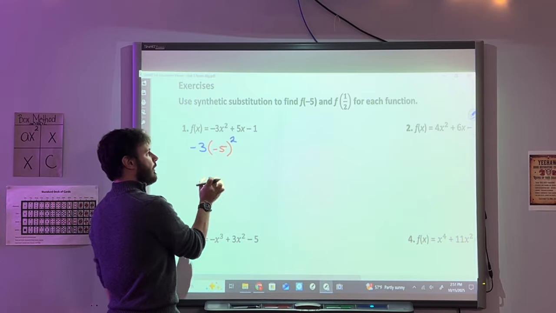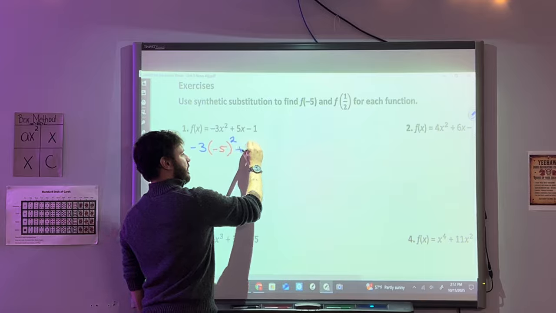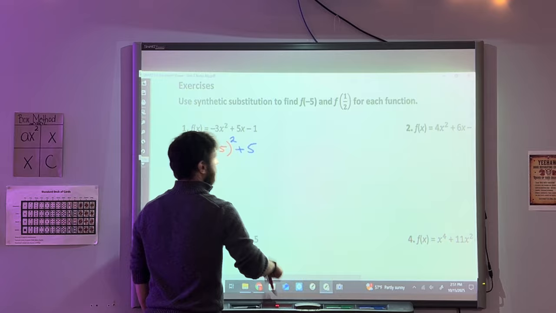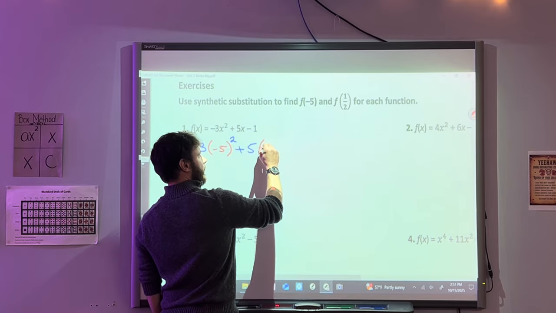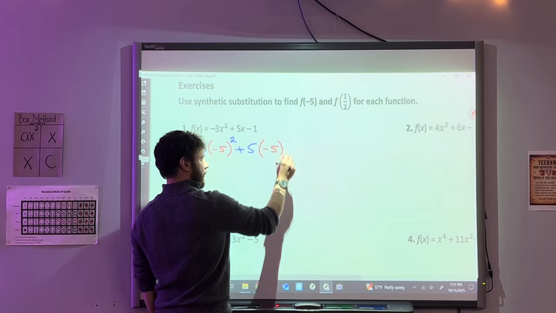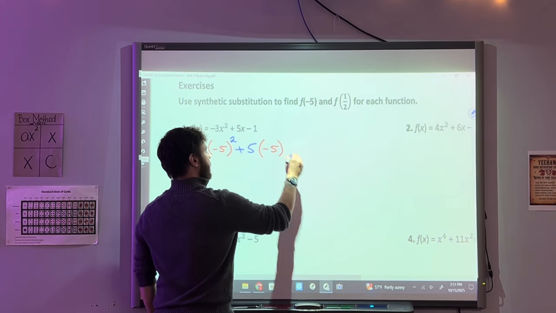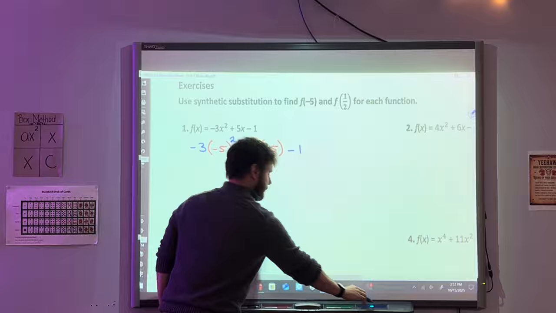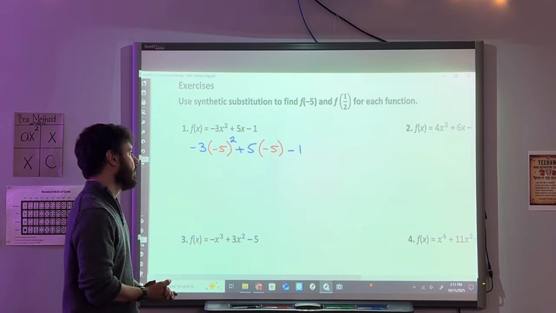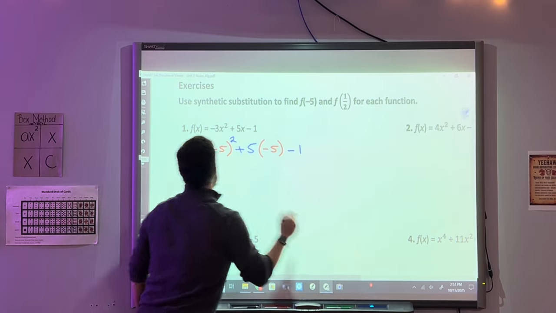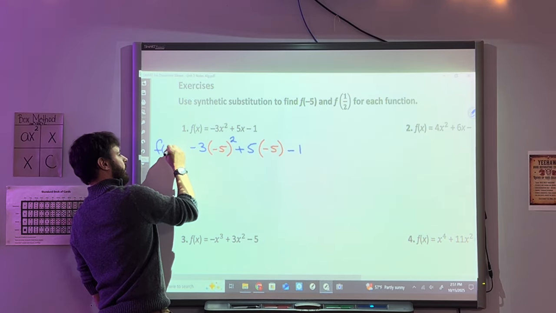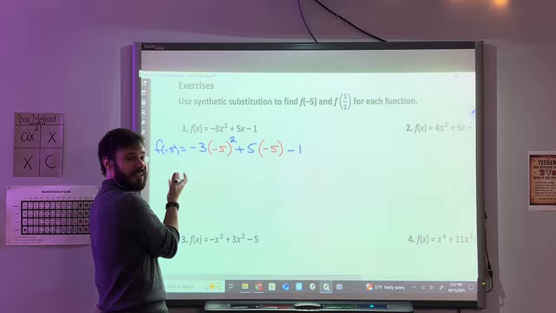Okay, so I'm going to directly put it in a bubble. Plus 5. And now I'm going to have an x. And I'm going to finish it up with -1. Okay. So that's what f of -5 is. I guess let's put that over here. F of -5. Okay, it is that.